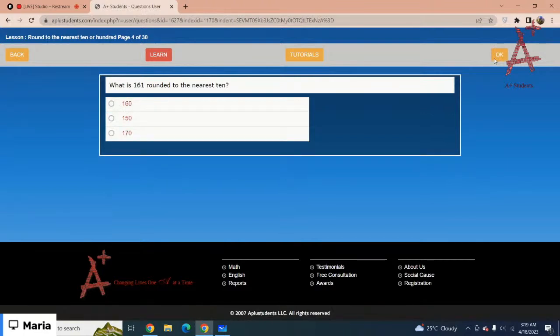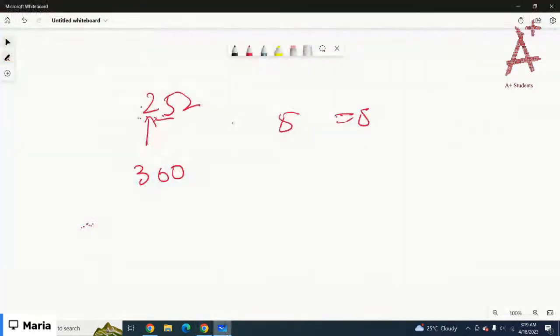Okay, what is 161 rounded to the nearest 10? Which is the correct option? To the nearest 10, not to the nearest 100. So just look at the digit that is at the tens position. Got it? So in the tens you have 6. 6 is at the tens position.